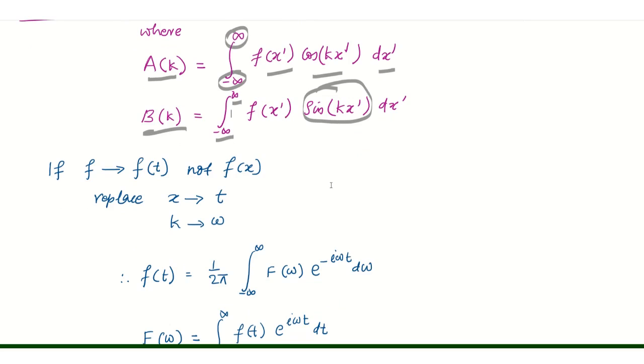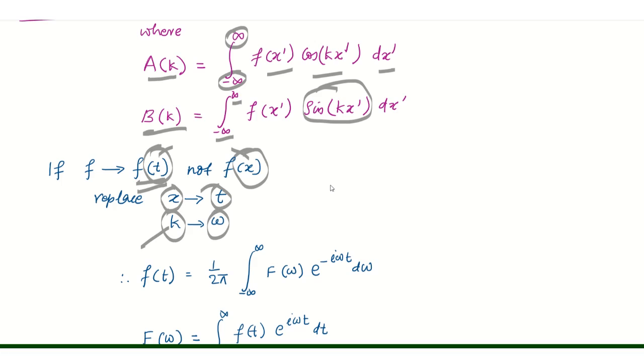Now, as I said, what I'm trying to say here is the equivalence of the variables time and space. You can have a function of t, you can have a function of x; with x changing to t, we replace k with omega.